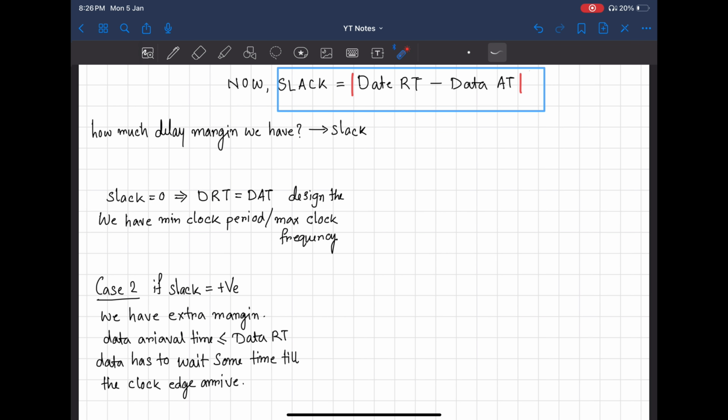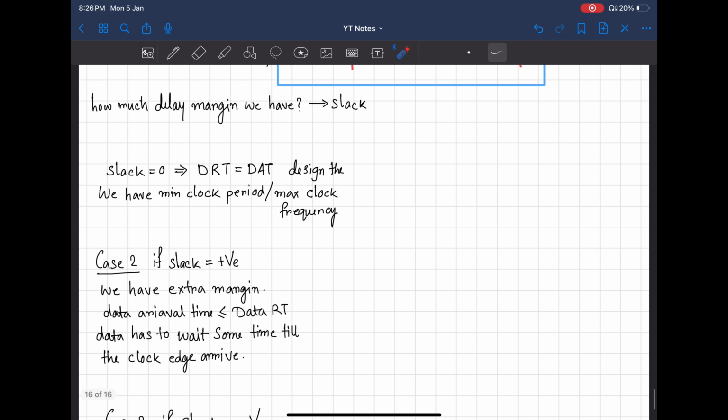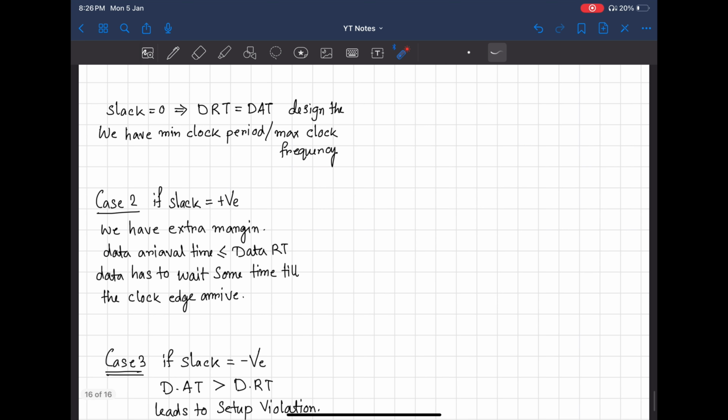Slack can be zero when the required time and arrival time are the same, and then the design has the minimum clock period, and obviously the maximum clock frequency. If slack is positive, it means the data arrival time is lesser than the data required time.